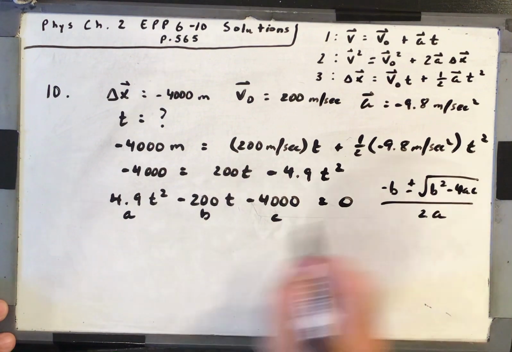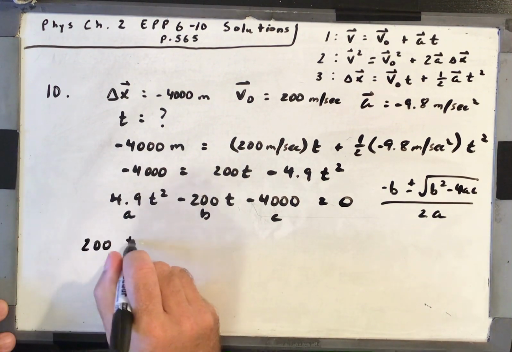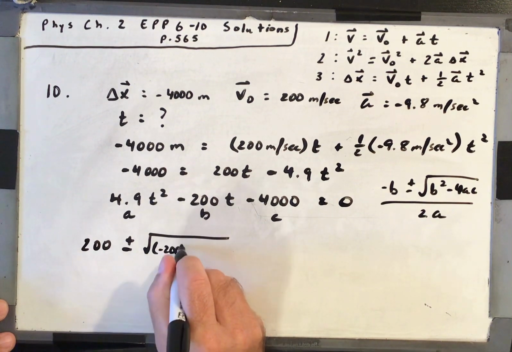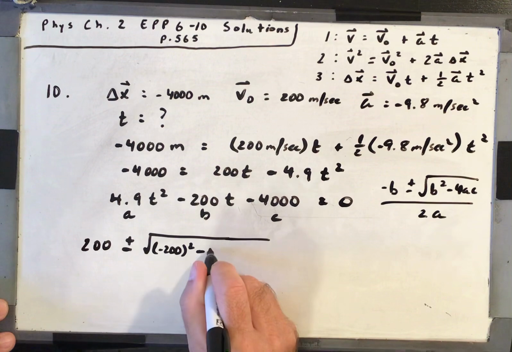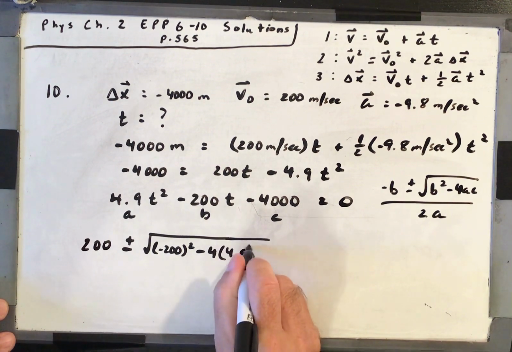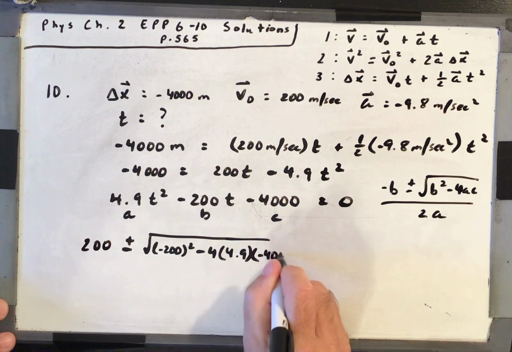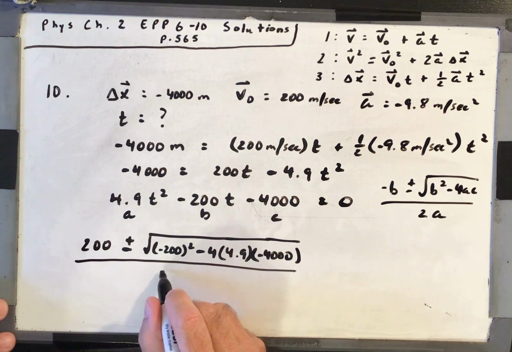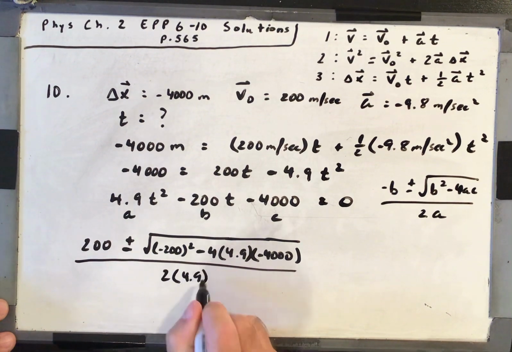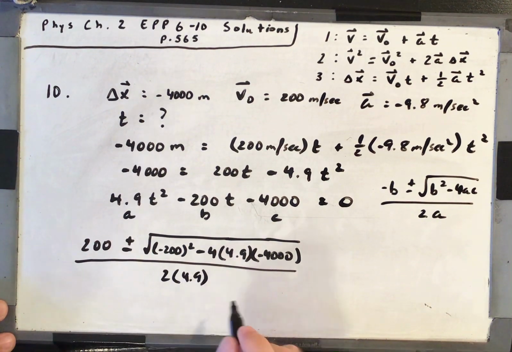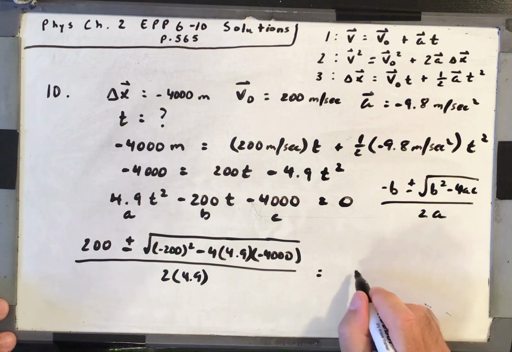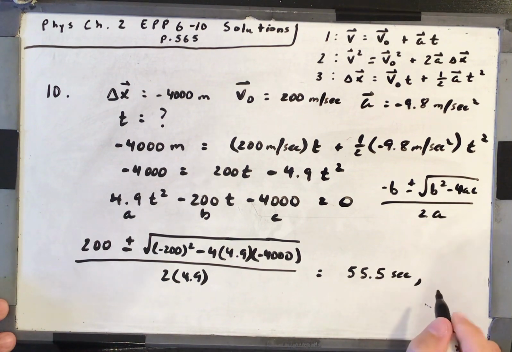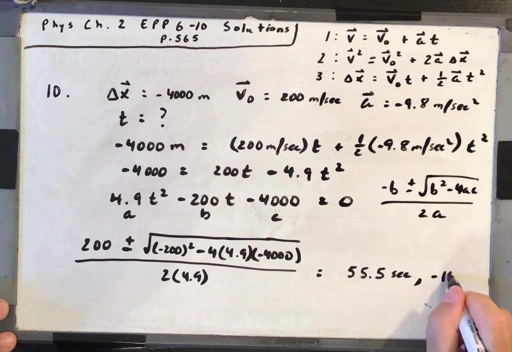So I'd have negative negative 200, so that's 200, plus or minus the square root of negative 200 squared minus 4 times 4.9 times negative 4,000, all over 2 times 4.9. If you put that all in your calculator correctly, you're going to get 2 answers: 55.5 seconds, and negative 14.7 seconds.